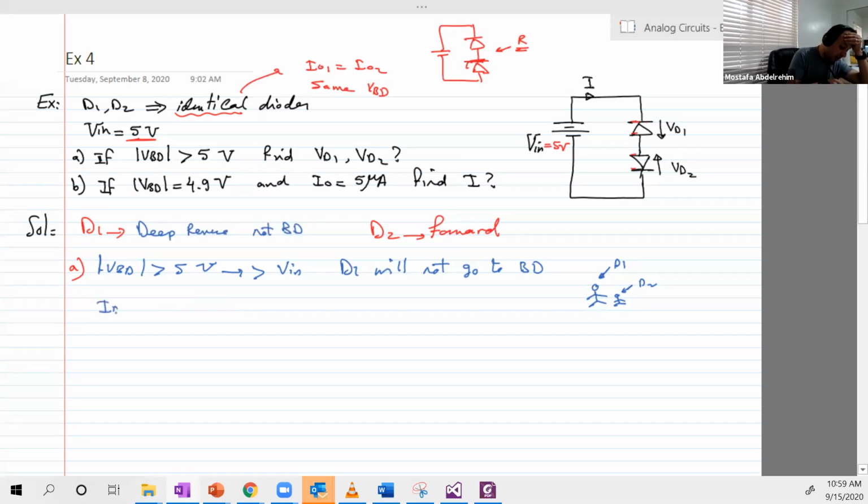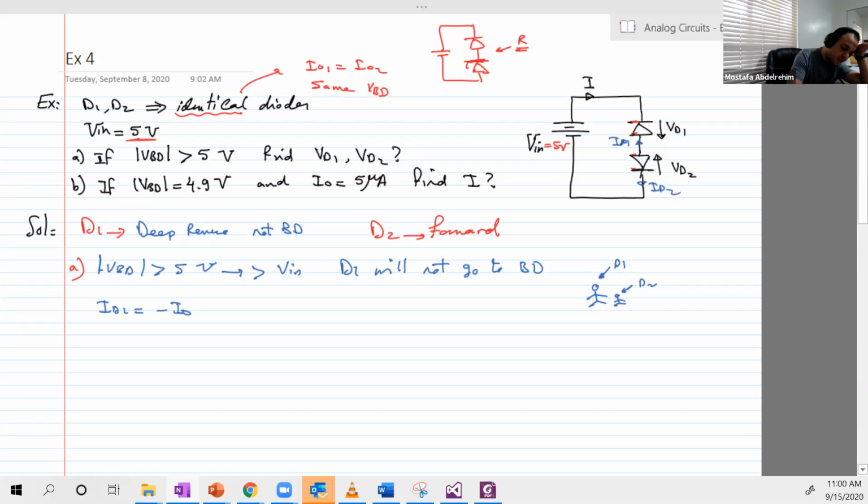So ID1 is equal to minus I naught. And we will stick to the same directions that we should always use with diodes: the voltage direction from the N to the P, and always the current direction from P to N. So this is ID1, and this is ID2.